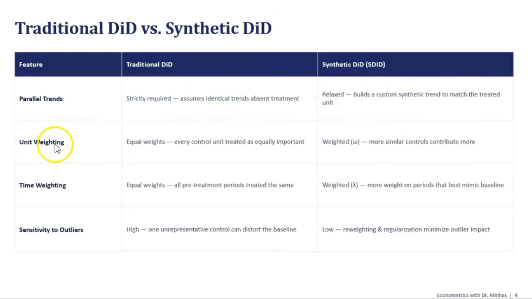The next feature is unit weight. Traditional DID gives equal weights to every control unit, treating them as equally important, but in synthetic DID the weights are assigned. More similar control units get higher weights, but less similar units receive lower weights. If I give a short example, we are going to examine the impact of a policy where a coffee shop has introduced free Wi-Fi, and we examine how this policy has increased its sales.